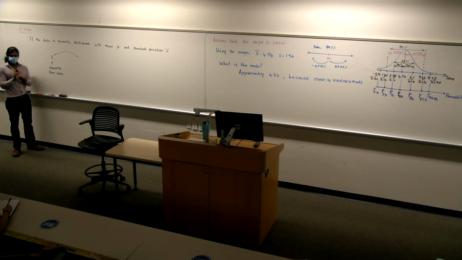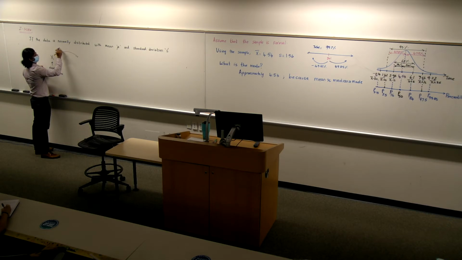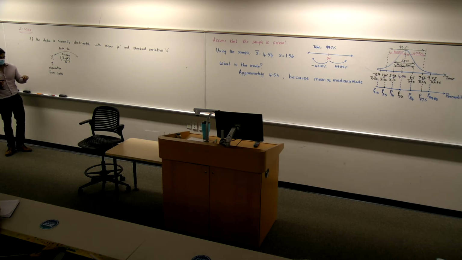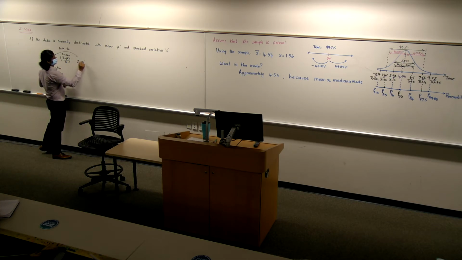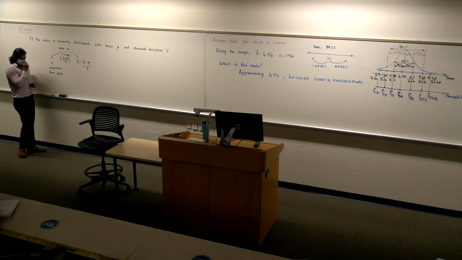So we subtract the mean and divide by the standard deviation. That would be the formula for a z-score. Oh, it's x, not x bar, x minus mu.